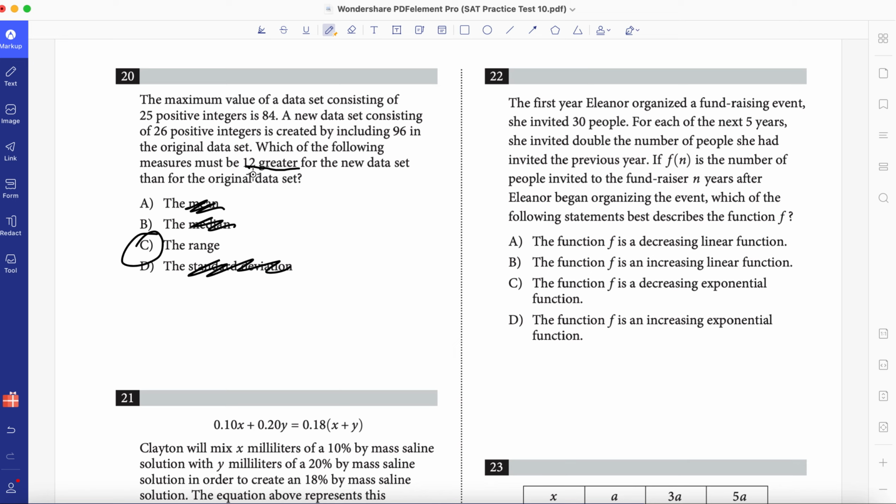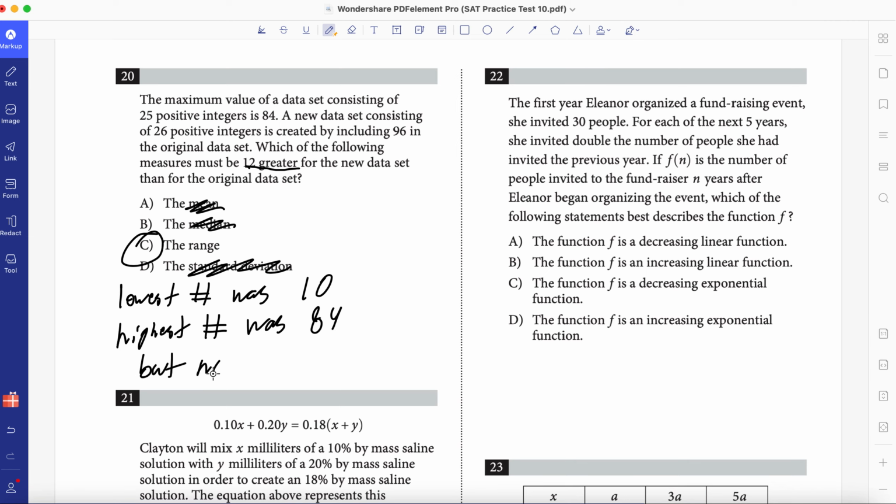But what is going to go up by 12 is the range, because let's say hypothetically that the lowest number was 10, and the highest number was 84, but now is 96.